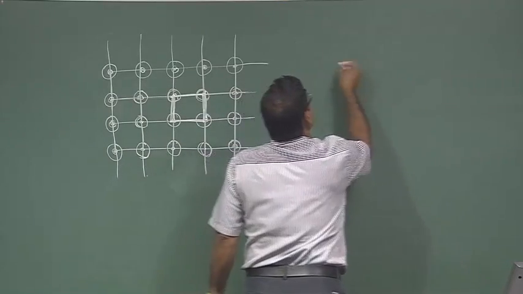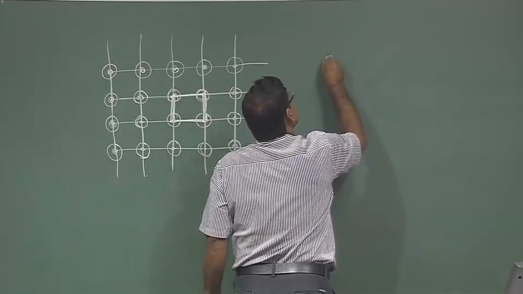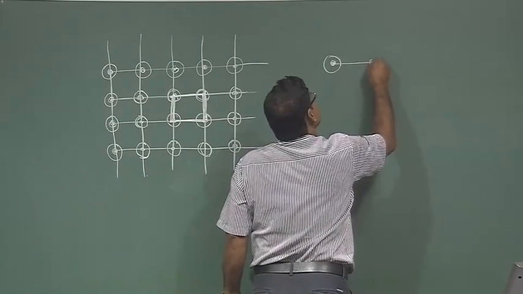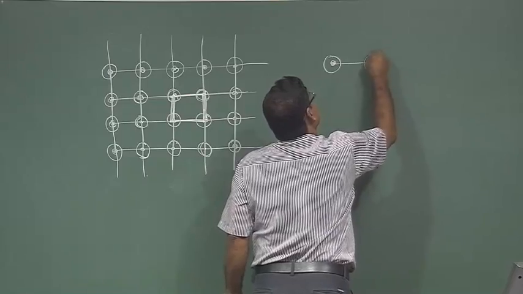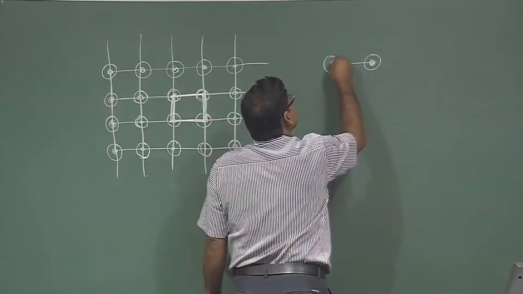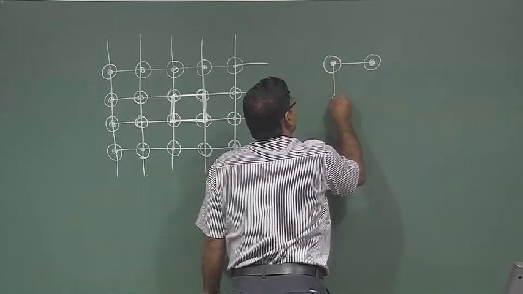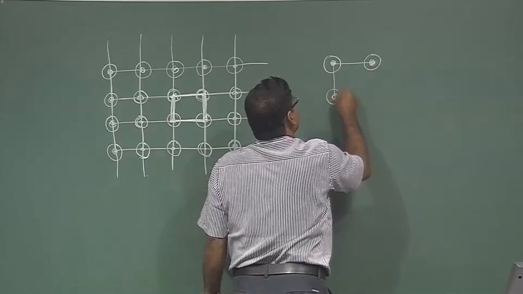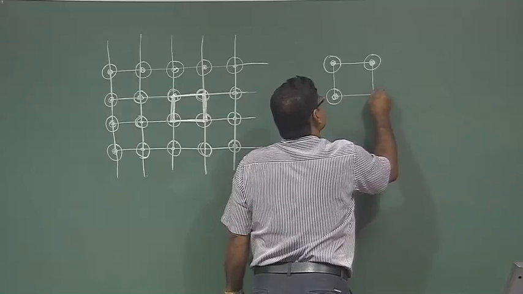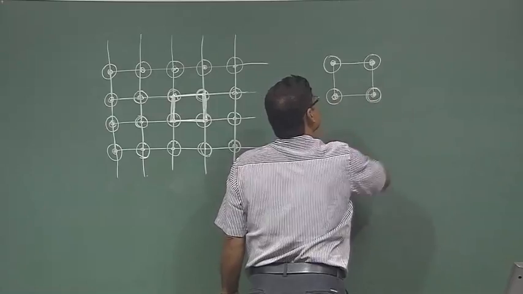So, say now I know the pattern unit of this crystal structure is this. Okay.